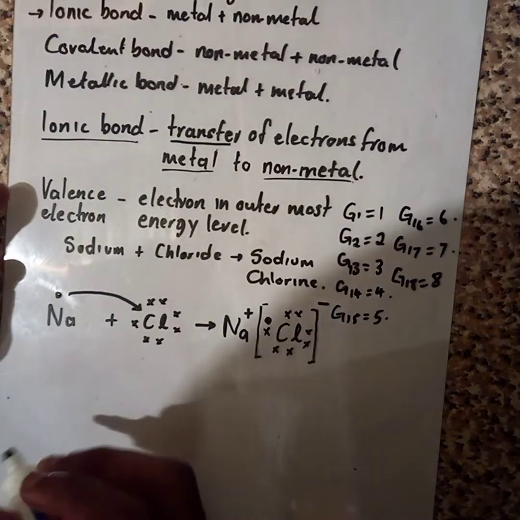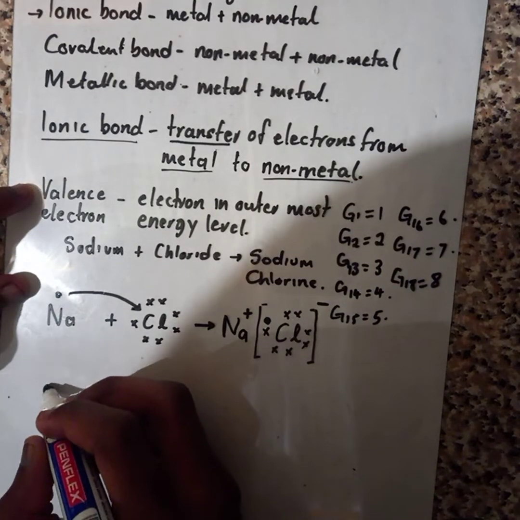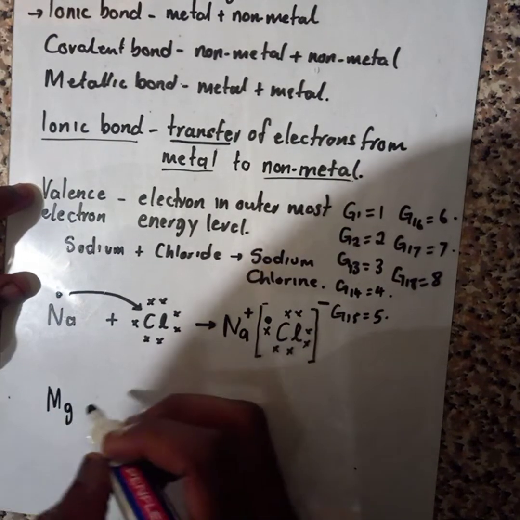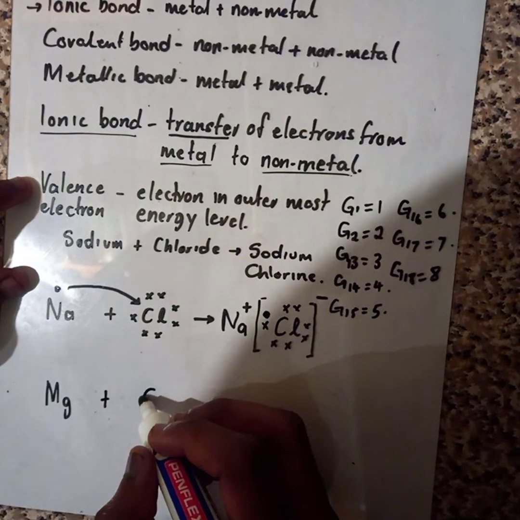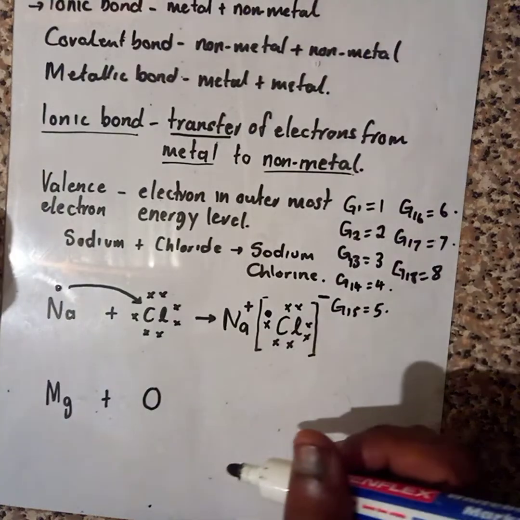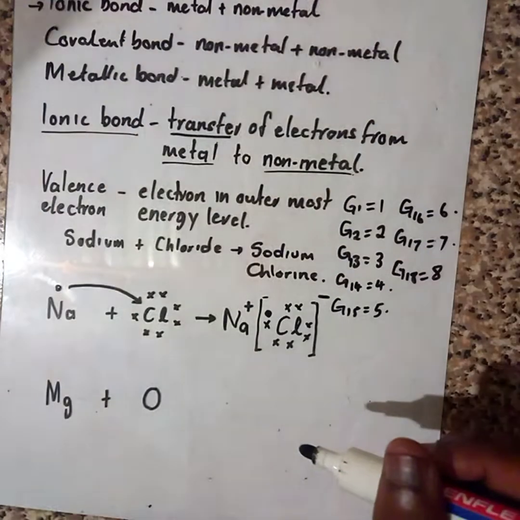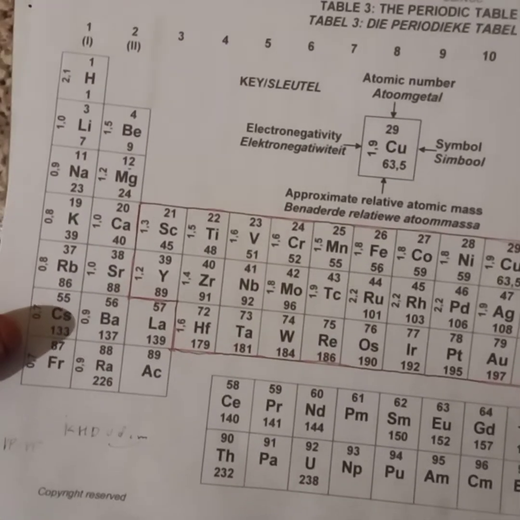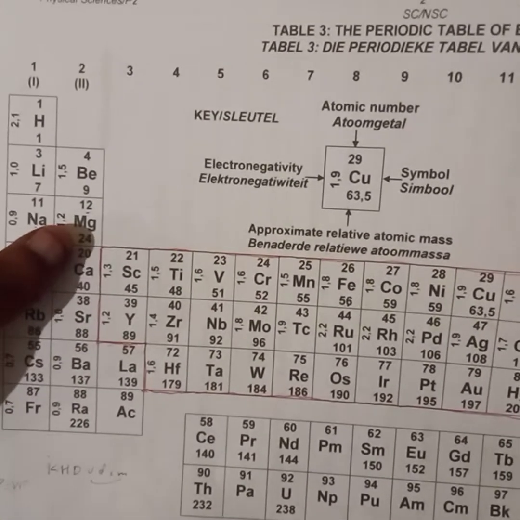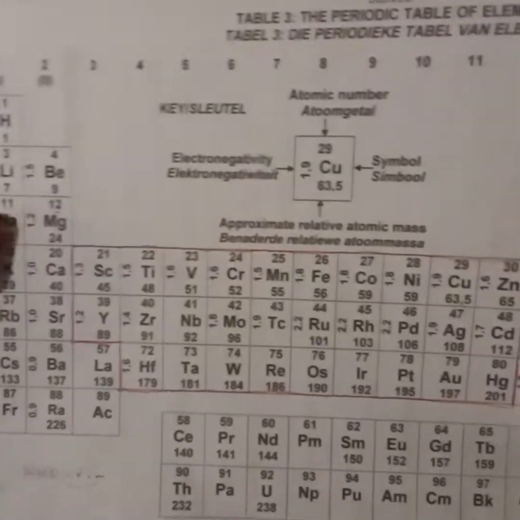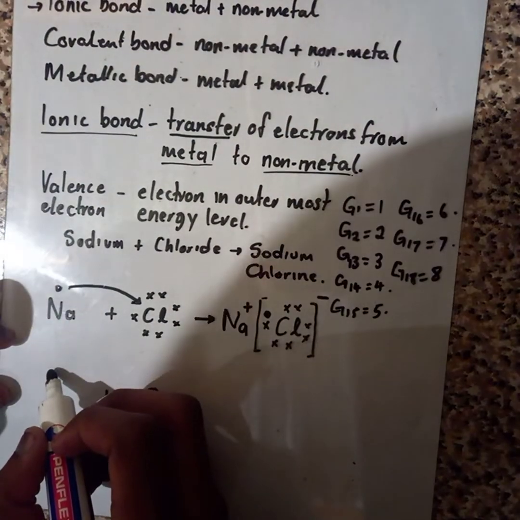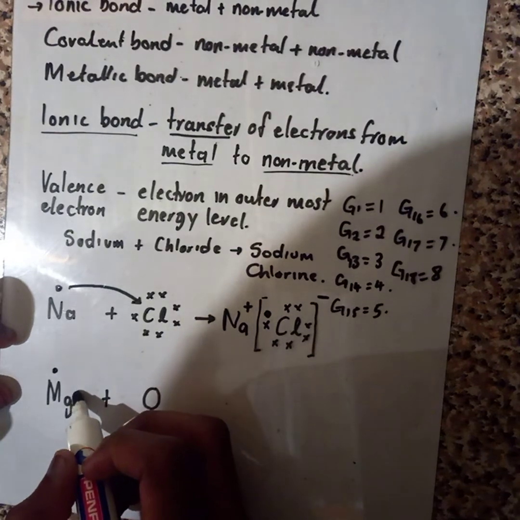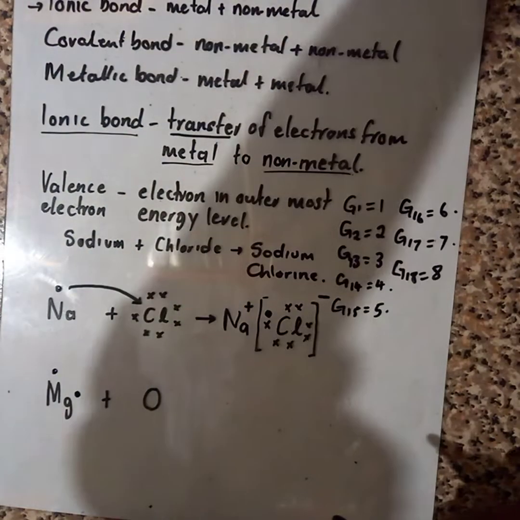Then now, let us consider the situation now. Let me take magnesium together with oxide. See? From our periodic table, we can clearly see again that magnesium is situated in group number 2, somehow is going to have 2 valence electrons. Let's say 1, 2. Then let's see oxide.